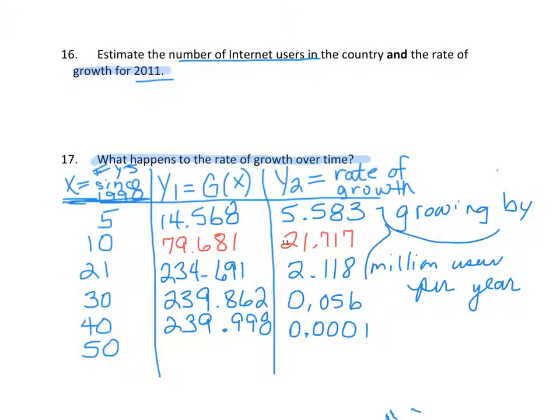And then 2040, which is 50 years after 1990, the population is still sitting right at 239, almost 240,000.